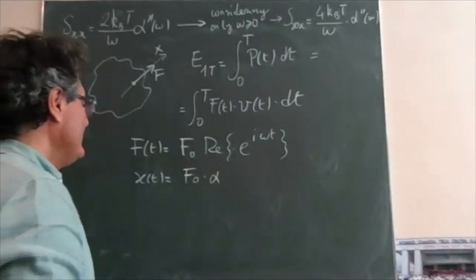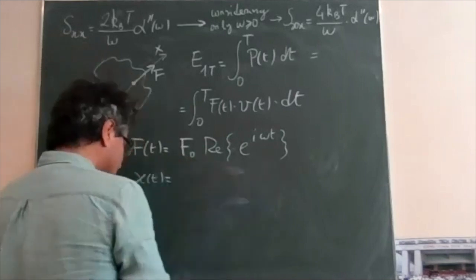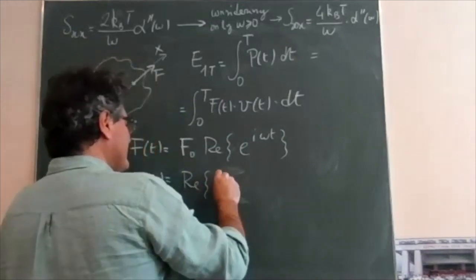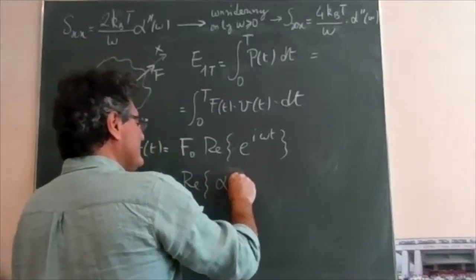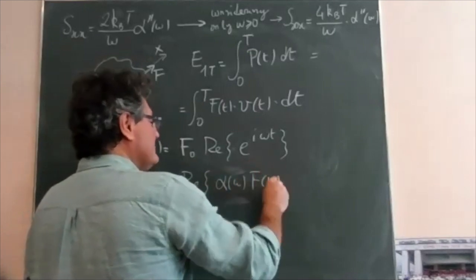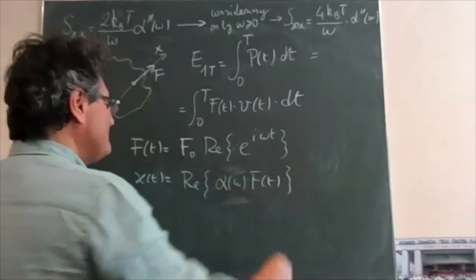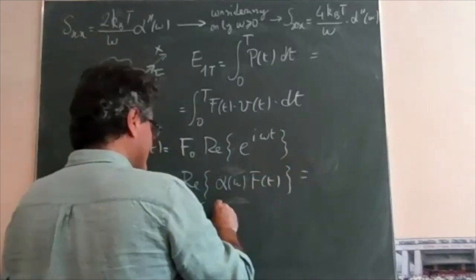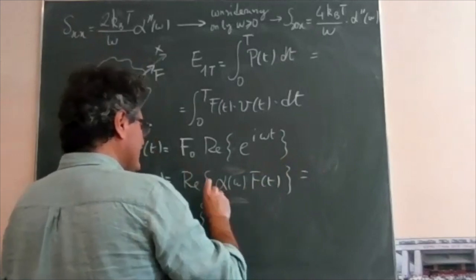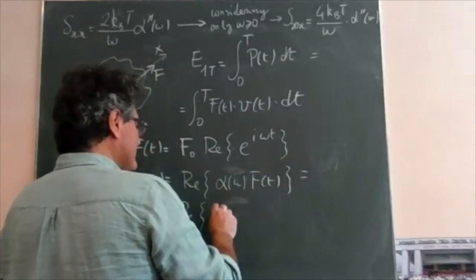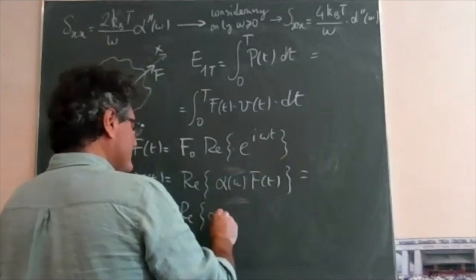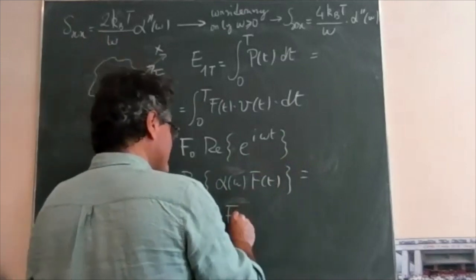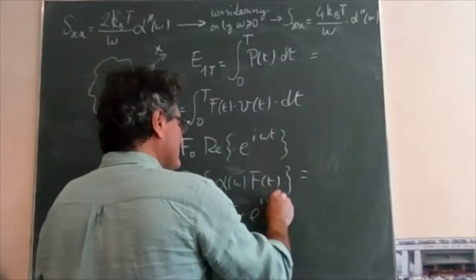Better to write it in this way: the real part of alpha, which is a complex number, times F naught times e to the i omega t.